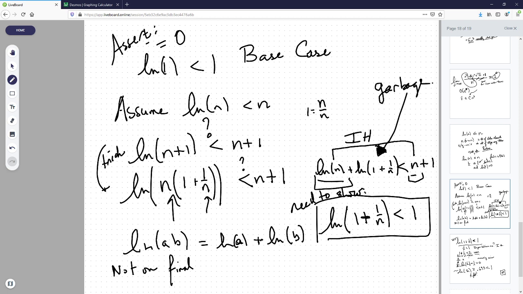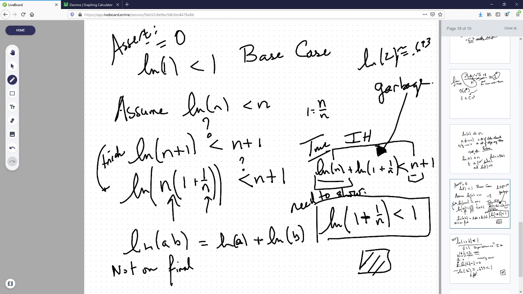And the good news is that the garbage is really just less than the natural log of 2, which is approximately 0.693, so we know that this is less than 1. So this is true, which completes our whole induction proof, right? This completes the induction proof.